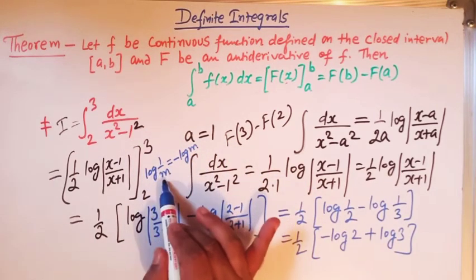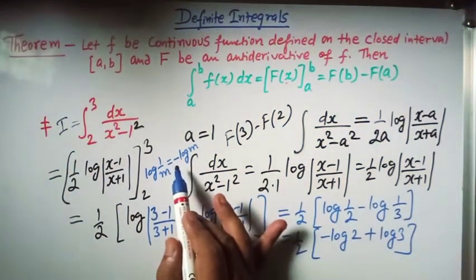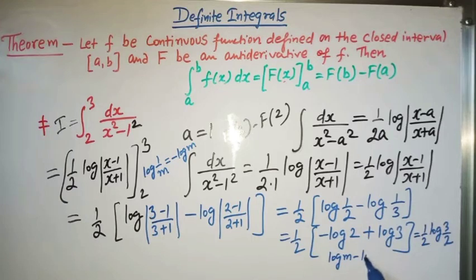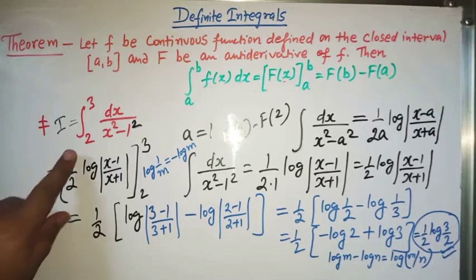Clear? Now this can be written as half log 3 by 2. Why? Because again we have used the property of log, that is log m minus log n is equal to log m divided by n, right? So this is the value of this integral.